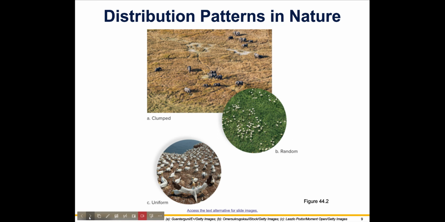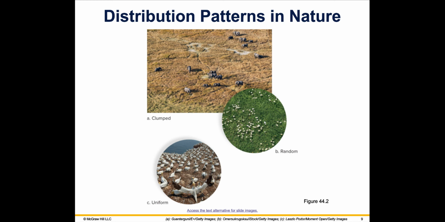So let's see what that looks like. Here is an example of clumped distribution patterns from elephants. We're going to find elephants where there is water and where there is food, and they're going to clump and stay around those spaces.